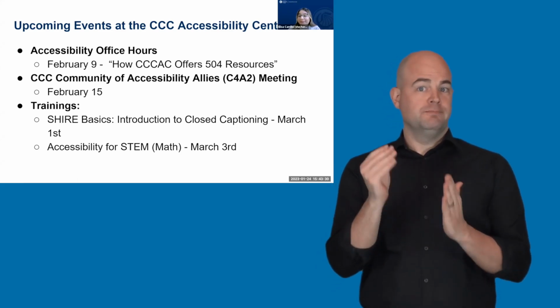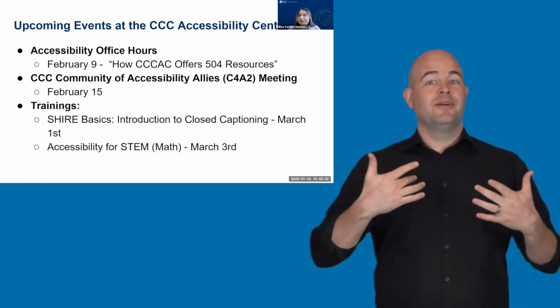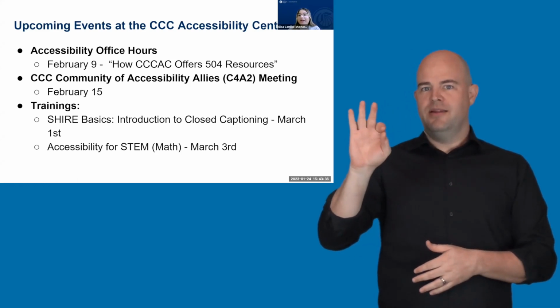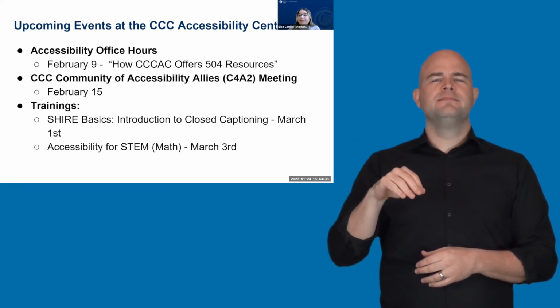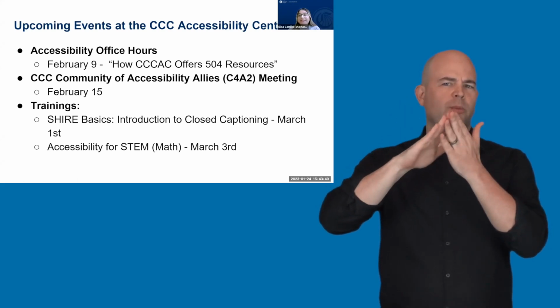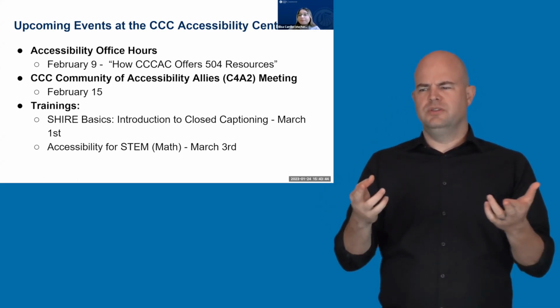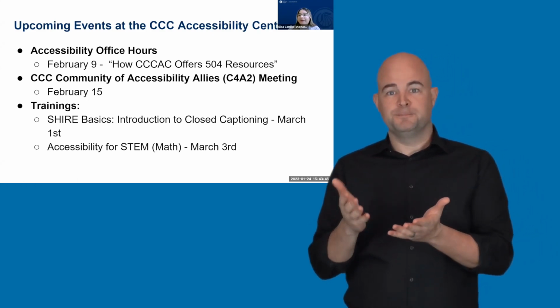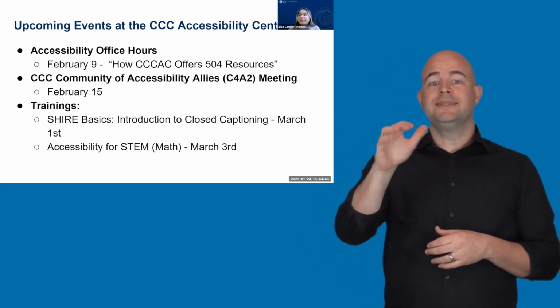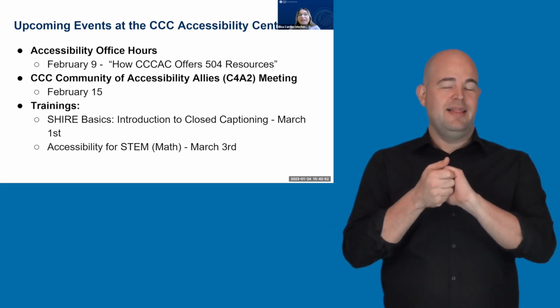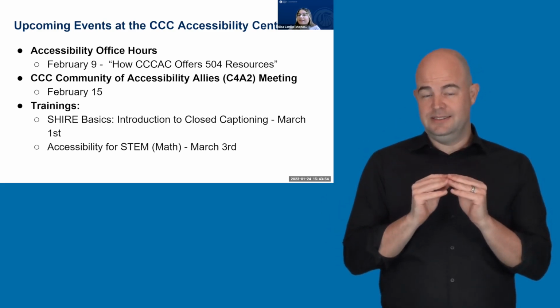We have some exciting upcoming events in store for you this year. We have our accessibility office hours, February 9th, on how the California Community College Accessibility Center offers 504 resources. We will also be having our next CCC Community of Accessibility Allies, also known as C4A2, meeting on February 15th.